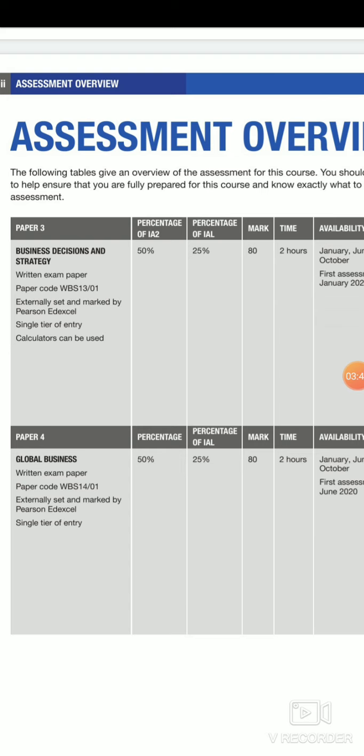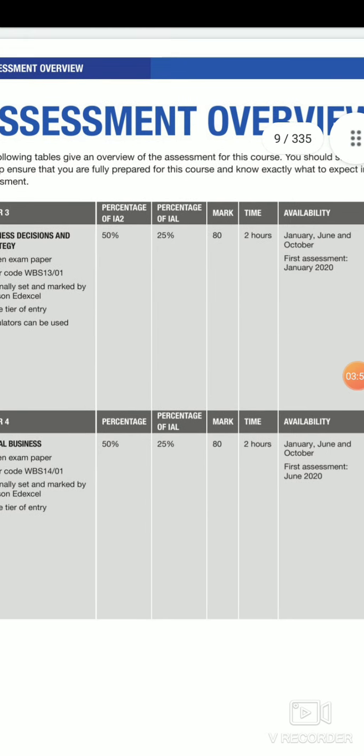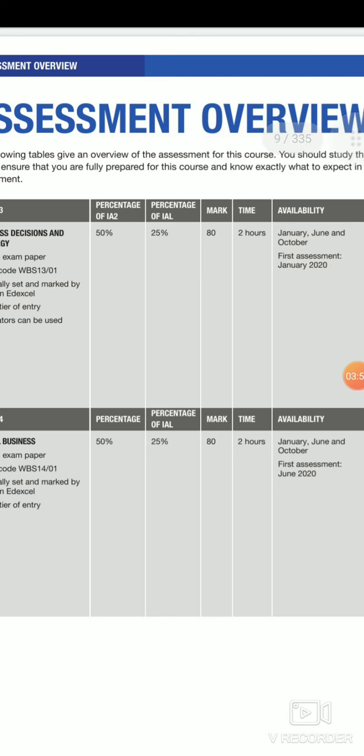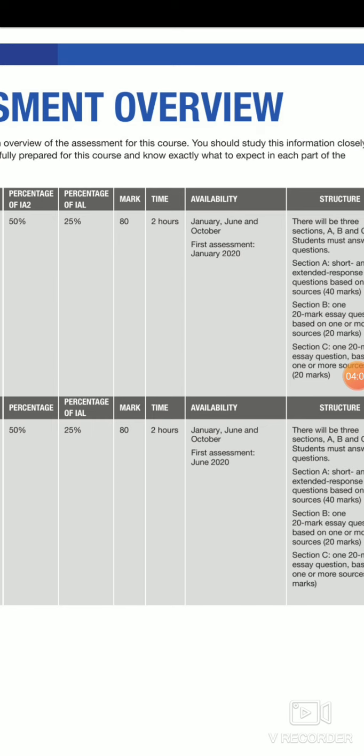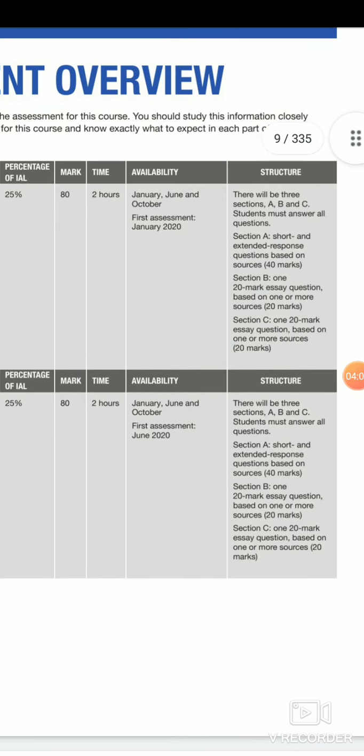Both Paper 3 and Paper 4 for IA2 business are written exam papers with the codes mentioned here, and you can use calculators. Each of these papers is awarded 80 marks for 2 hours, and it counts as 50% of the IA2 score, which means it's 25% of the whole IAL score.